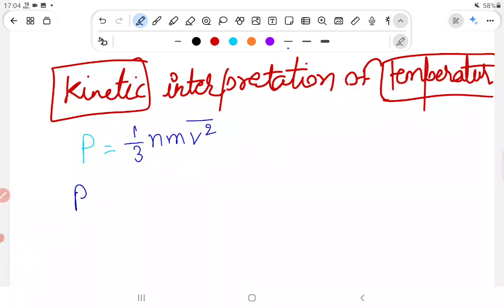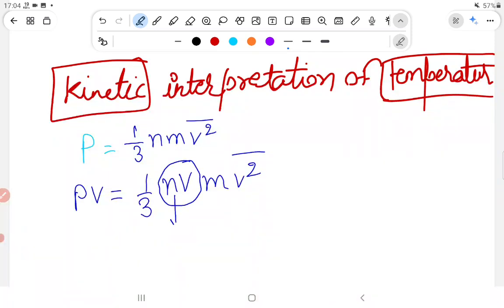Dear students, multiplying by V on both sides, we get PV equals 1 upon 3 n capital V m v mean square. See, this nV is what? n is the number of molecules per unit volume and V is the total volume. So can I say that it is equal to the total number of molecules N m v square? I think there is no problem.